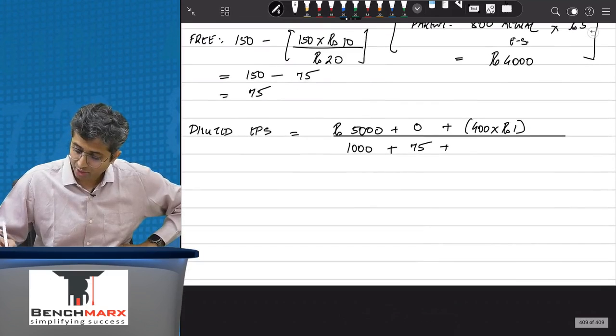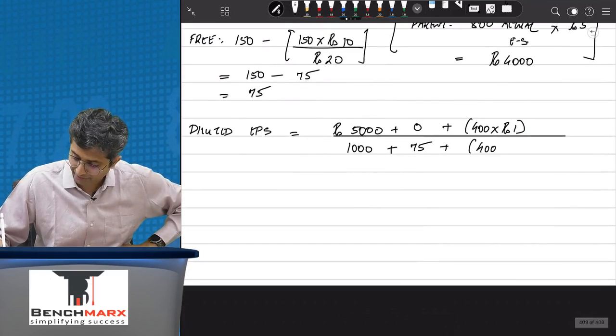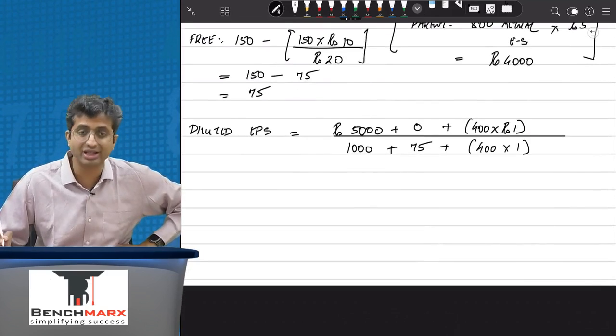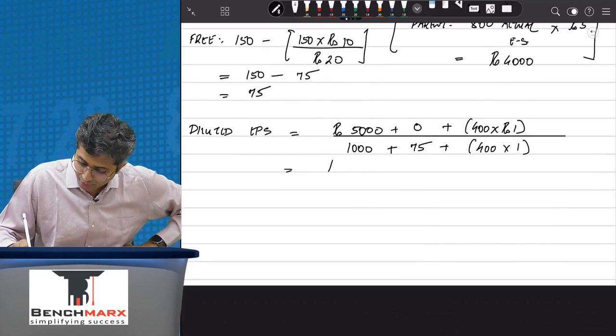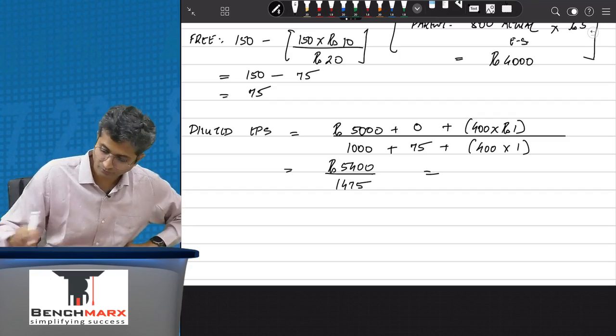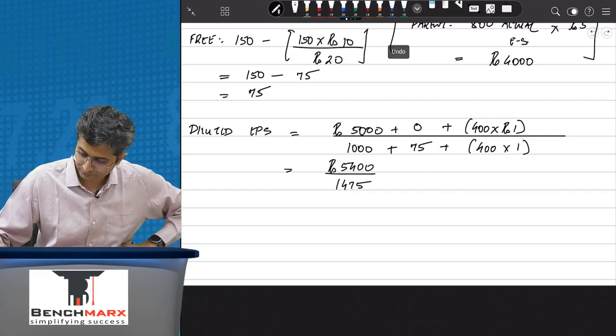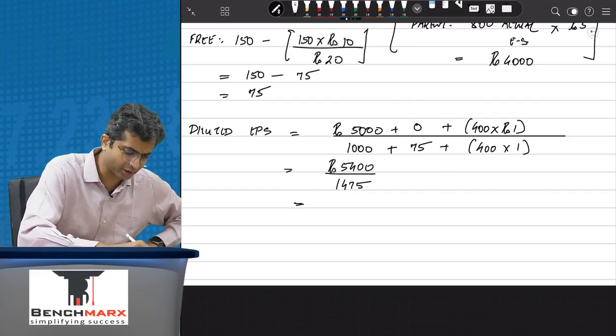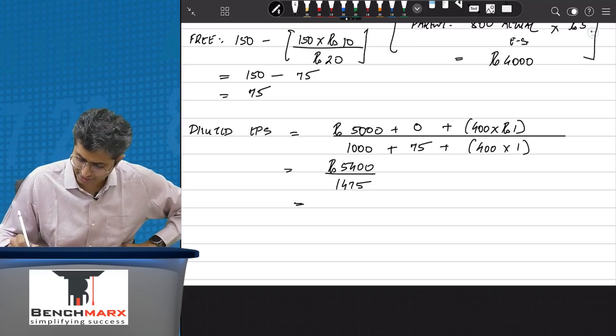So 400 preference shares will become 400 into 1, that is 400 ordinary shares, which means this is rupees 5,400 divided by 1475, and hence this comes to, or let us say we take it over here, 5,400 divided by 1475, which comes to I think 3.66.